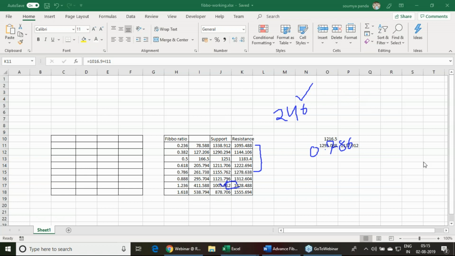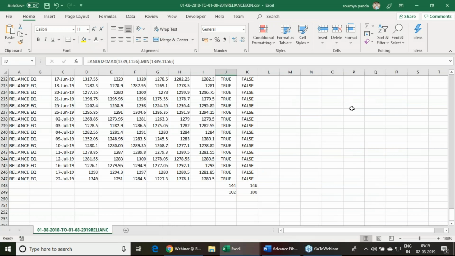This is yearly data we are backtesting to see how far the Fibonacci is true. This says that on 146 days you got the chance to buy the stock and achieve a target.